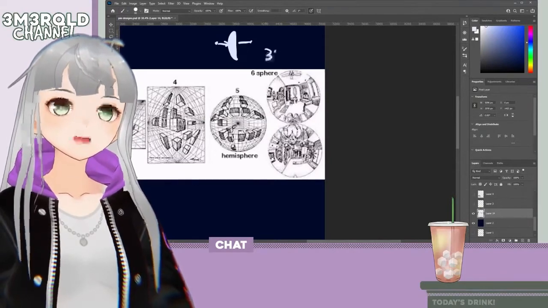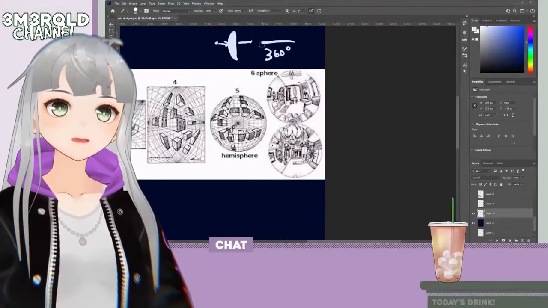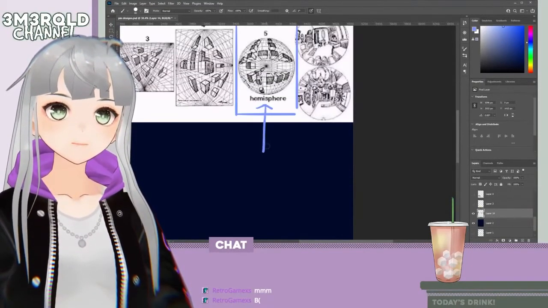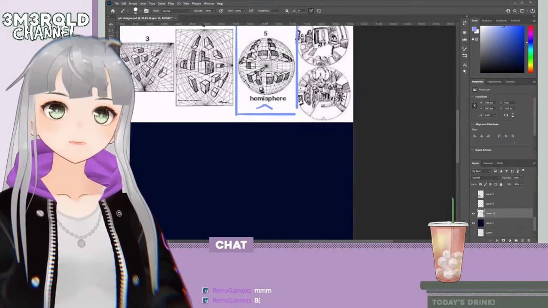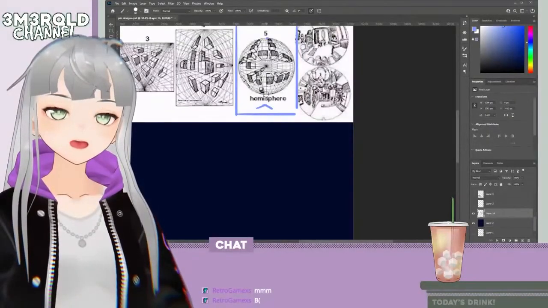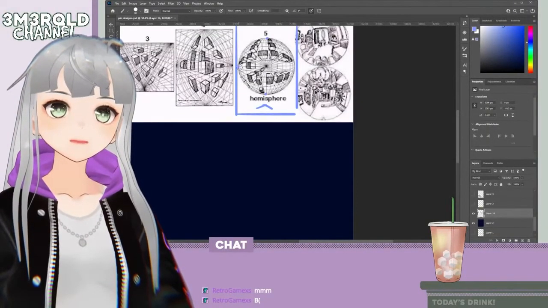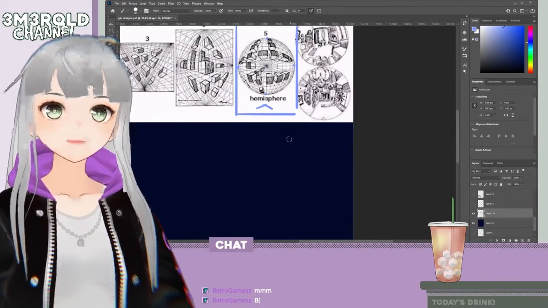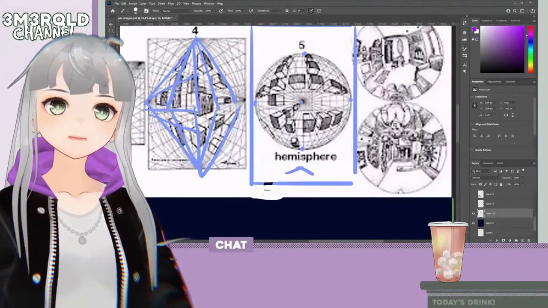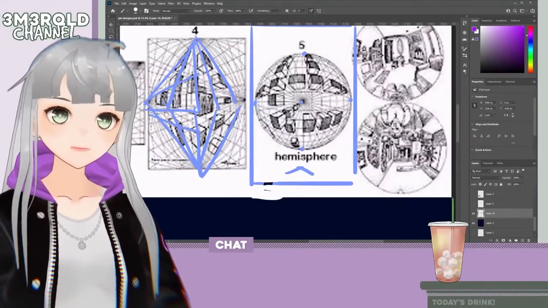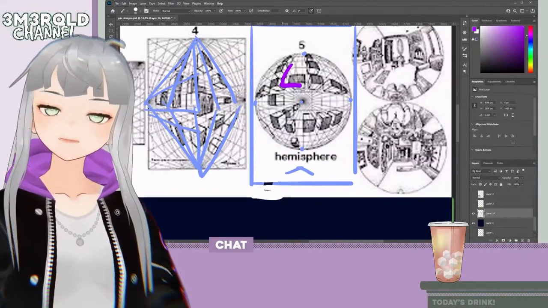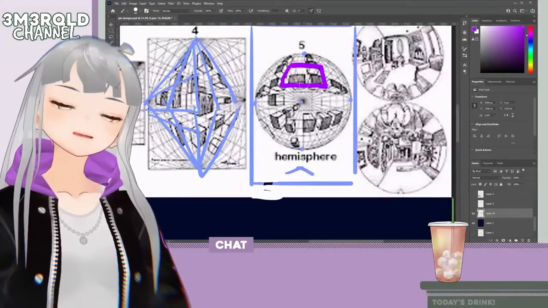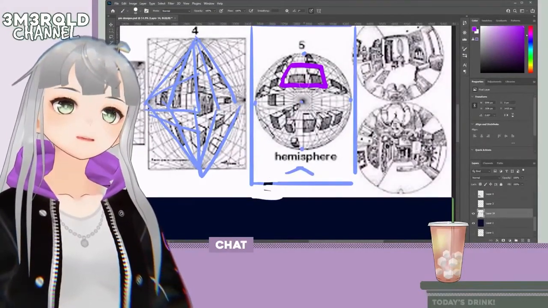And that is why we have 360 degree video. Half of a sphere is 5-point perspective. The perspective points are at the top of the sphere, at the bottom, at the left side, at the right side, and towards the center of the sphere. When we're actually drawing something or taking a photo of something, we're just taking a photo of a portion of this sphere, which is why it appears a lot flatter and less curved.